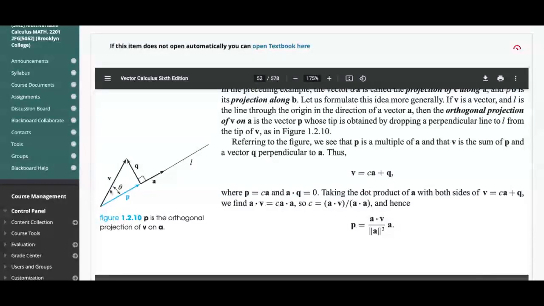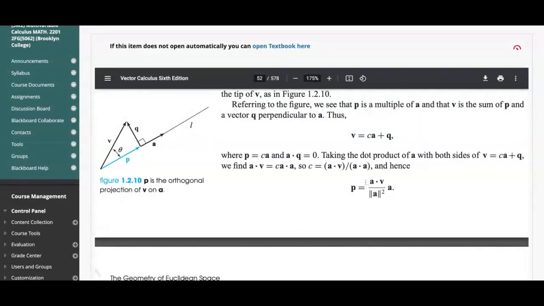V is just the hypotenuse in the triangle of P and Q. One leg is P, one leg is Q. We call P the projection of V onto the x-axis, and Q the orthogonal projection of V on the y-axis. Those are special cases, because we don't have to project on the x-axis; we can project a vector onto any line. Any questions?